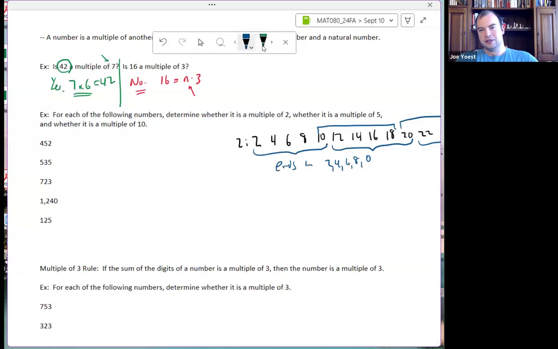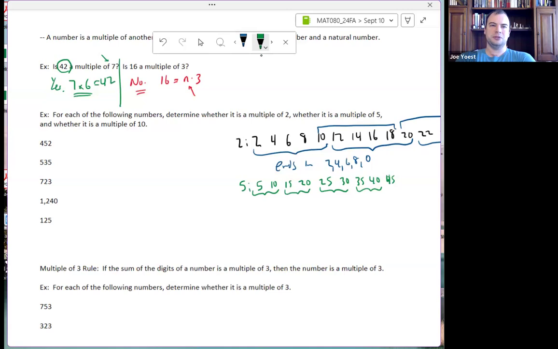If we look at the 5 times tables, 5 times 1 is 5, 5 times 2 is 10, 15, 20, 25, 30, 35, 40, 45. That takes us up to 9 times 5. And I see a similar structure: these numbers all end in either 5 or 0.